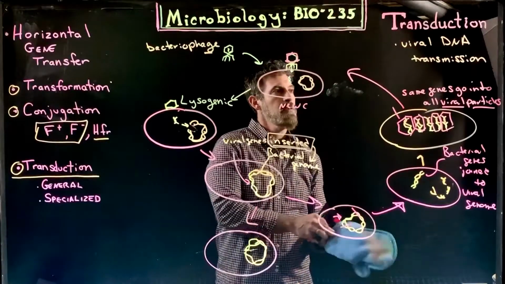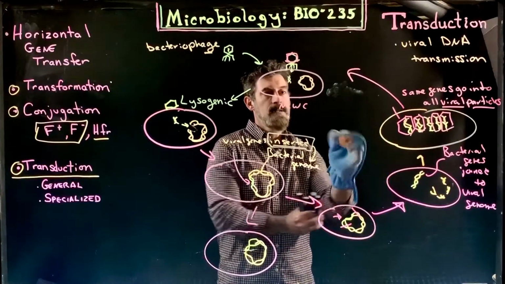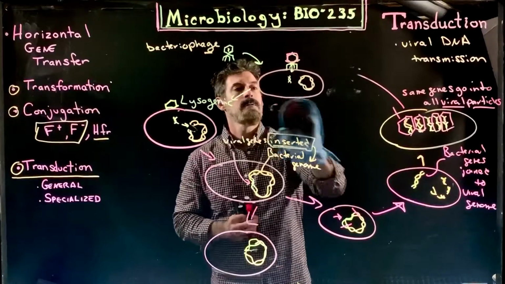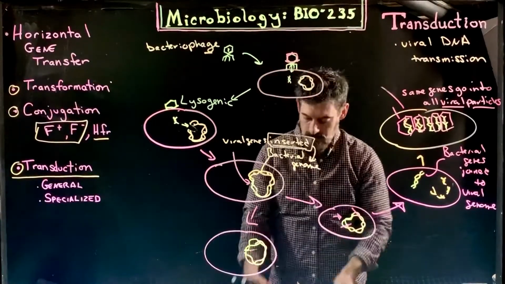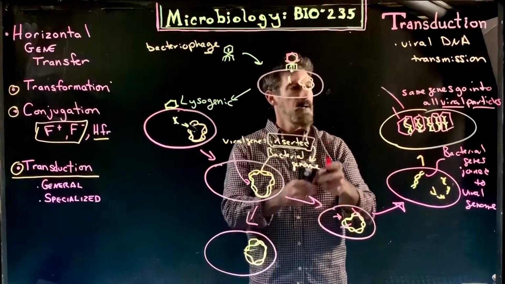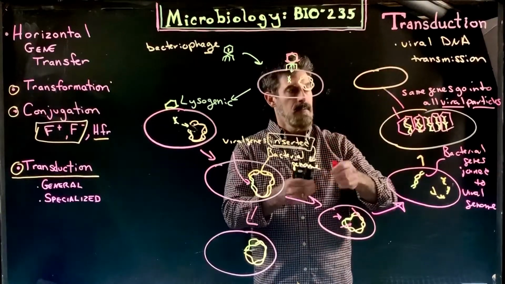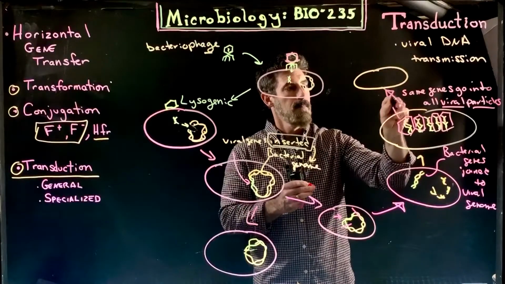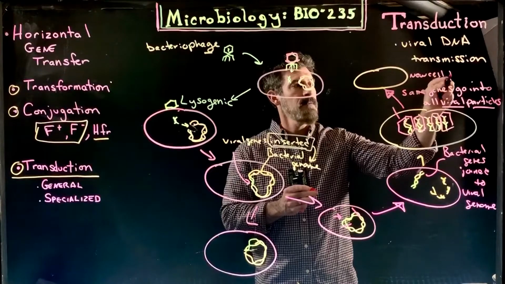I'm just short on space, so I'm just going to have to take a second here to do this a little bit more efficiently. So we're going to get a new cell here. Here's a new cell. This is a bacterial cell.